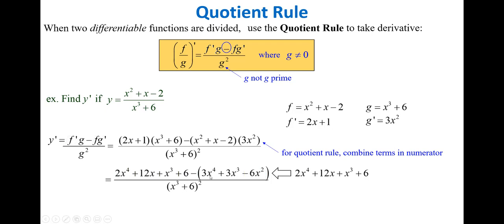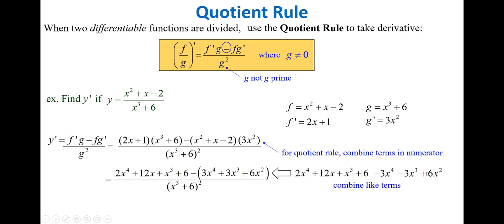Rewriting these terms, 2x to the 4th plus 12x plus x cubed plus 6, distributing the negative. So then the other terms become minus 3x to the 4th minus 3x cubed plus 6x squared.